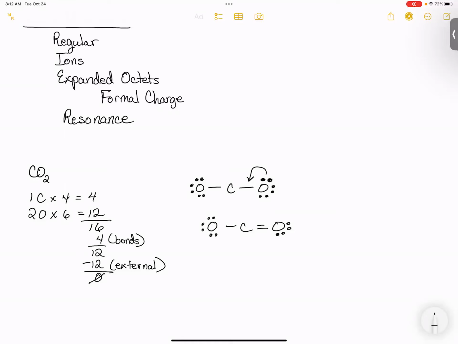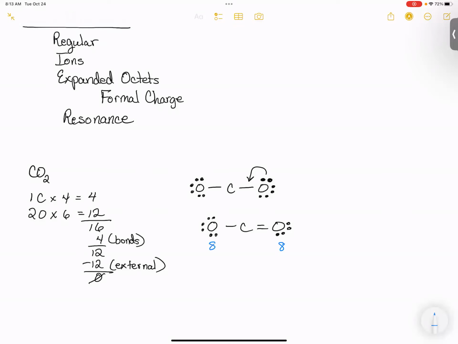And you say, does everybody have an octet? Every time you manipulate your structure, you ask, does everybody have their octet? The oxygen on the right has an octet because it has 4 electrons in the non-bonding pairs, and it has 4 electrons in the bonding pairs.